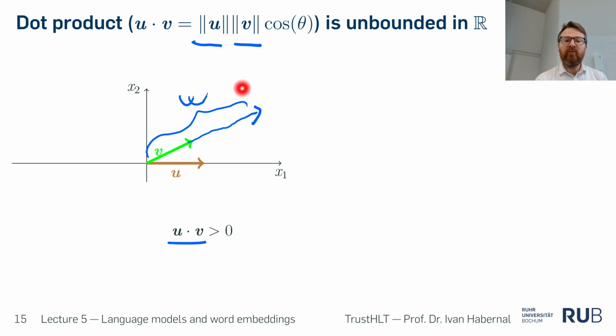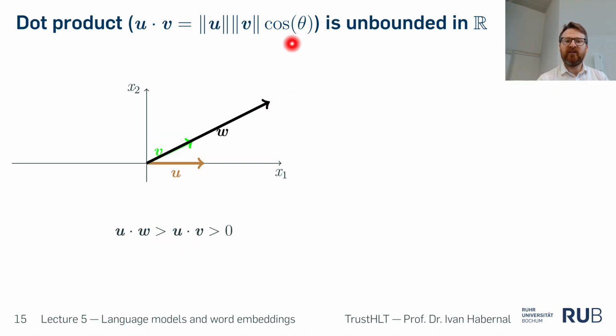Exactly. The norm will be bigger, and we're multiplying by the norms of these two vectors, so it will be bigger. U times W will be bigger than this one, because we're growing. The bigger we make one of these vectors, the bigger the dot product gets, and it's unbounded. It could basically go to infinity, arbitrarily large.